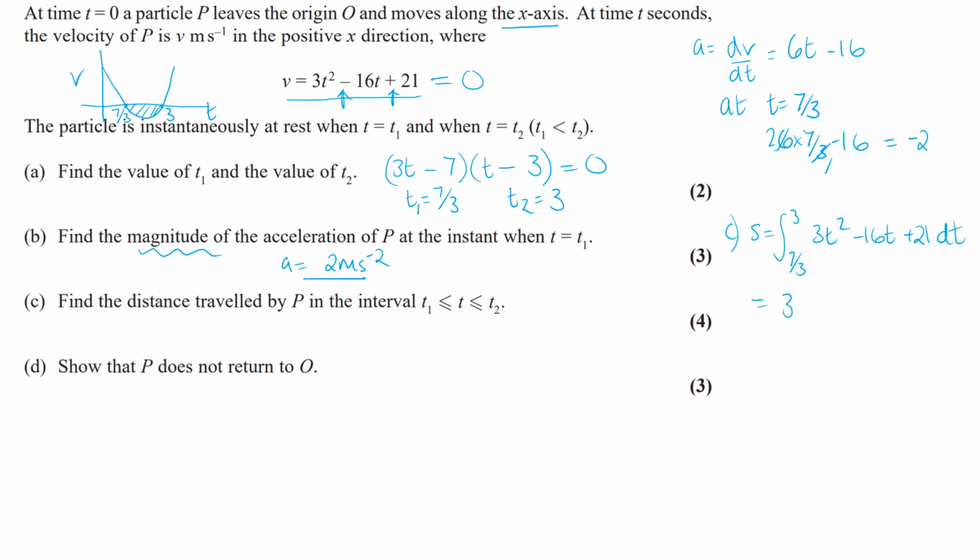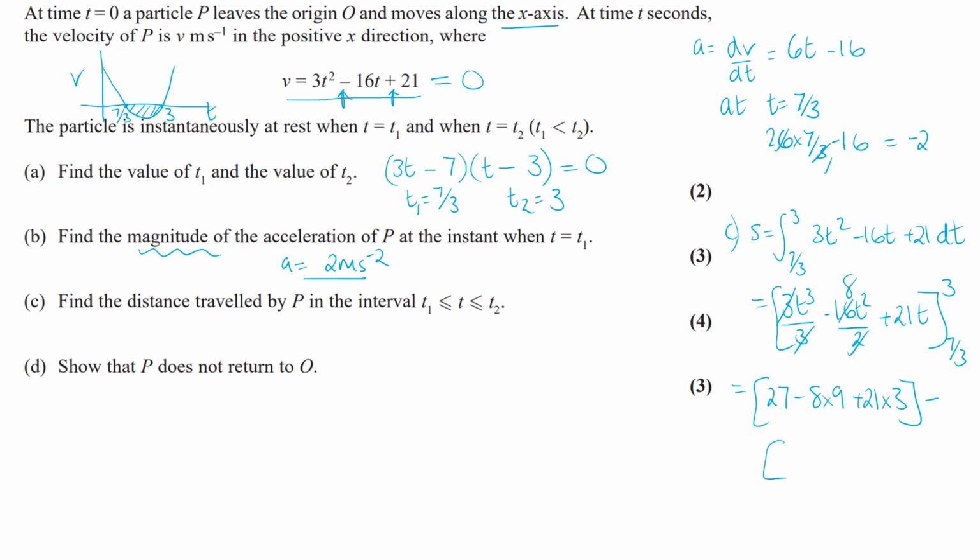So that's going to be 3t cubed over 3 minus 16t squared over 2 plus 21t between 7/3 and 3. So putting our limits in, we can cancel first actually, and that will be 8. So this will be t cubed, 27, minus 8 times t squared, which is 9, plus 21 times 3.